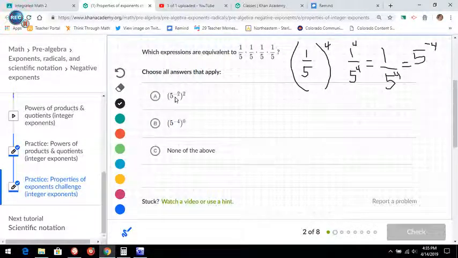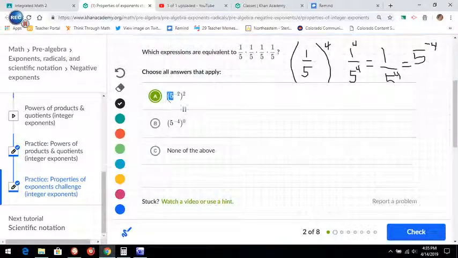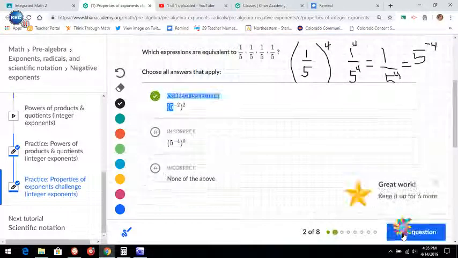Right here, negative 2 times 2. If you're raising a power to a power, you multiply. So this would be correct. This would not be correct. This would just be 1.